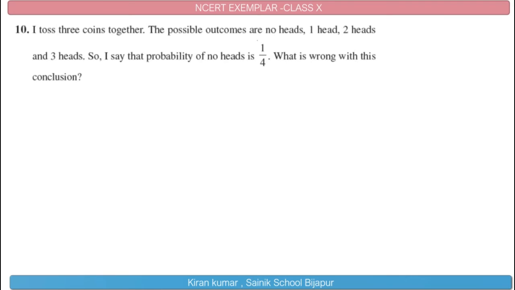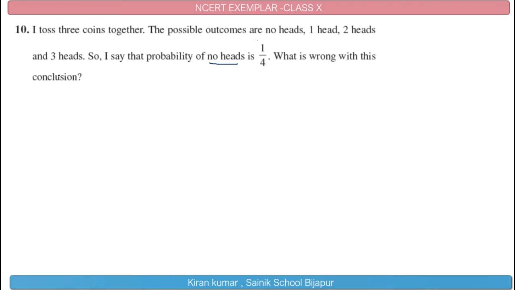Question number 10. I toss 3 coins together. The possible outcomes are no heads, 1 head, 2 heads, and 3 heads. So I say that probability of the number of heads is no heads is 1 by 4. What is wrong with this conclusion?